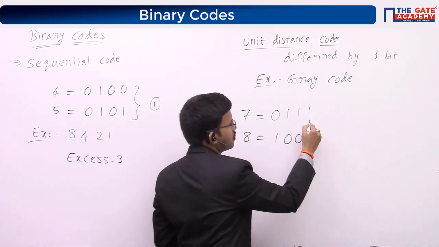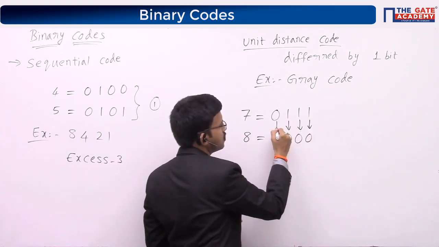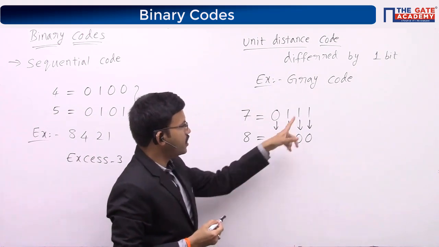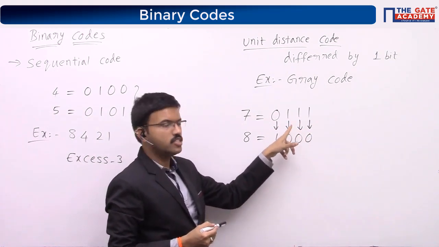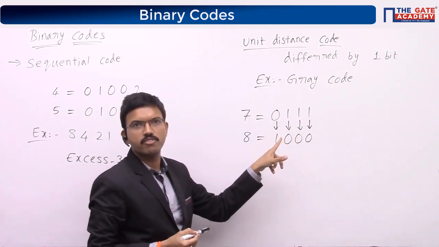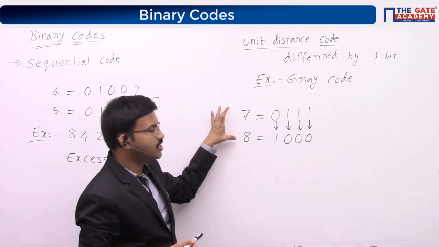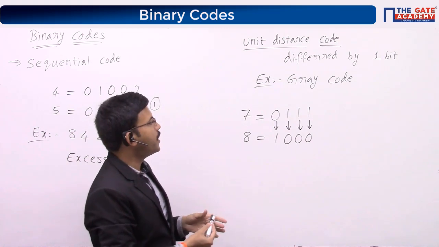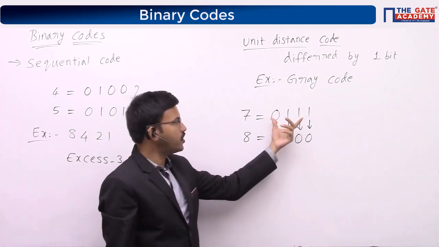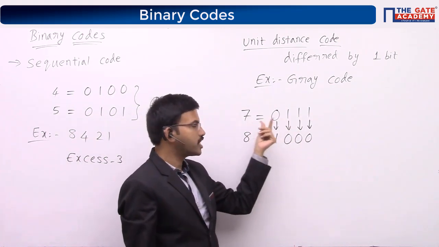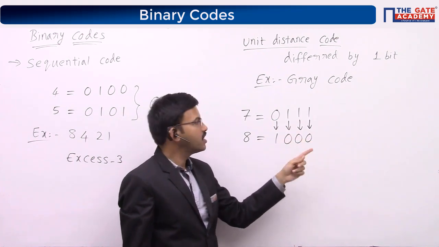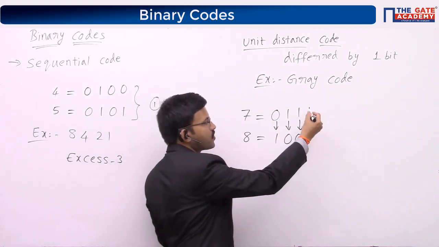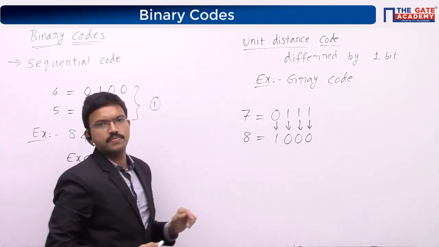Here if you observe, even though 7 and 8 are successive digits, internally what is happening? 1 has to become 0, 1 has to become 0, 1 has to become 0, 0 has to become 1. Even though these two are successive digits in our decimal, internally, if we consider the code corresponding to those digits as binary, all the bits have to be changed.